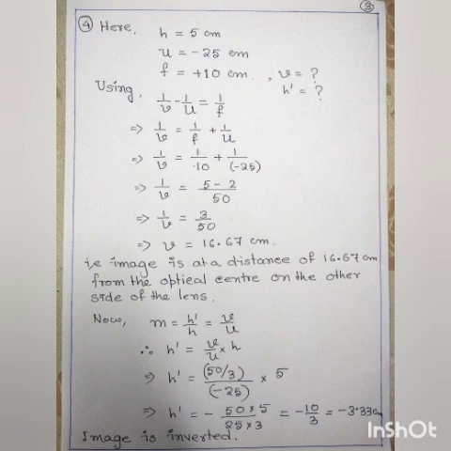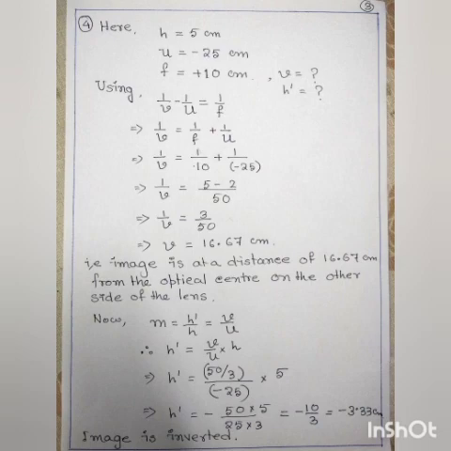Next, from magnification relation m equals to h prime by h equals to v by u, from there h prime we will get v by u into h. Now here I will advise you to substitute the value of variables with their fractional term, not the decimal terms. Okay, if you use the variable with their fractional terms, it will be easy to calculate.